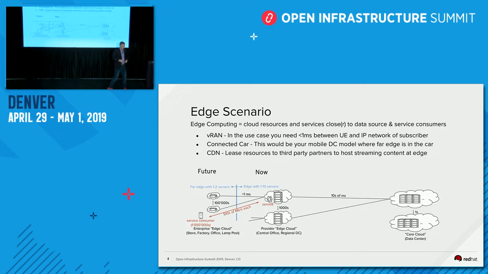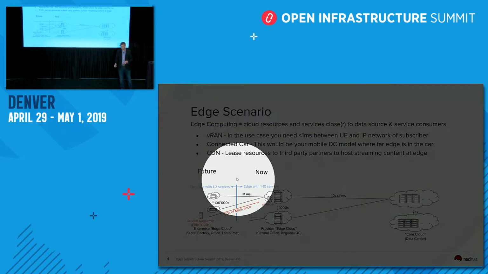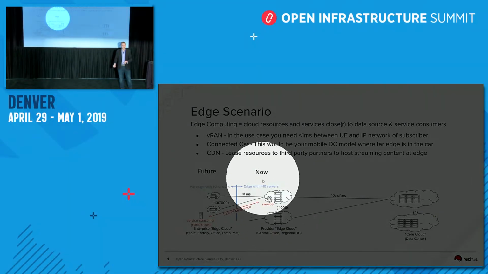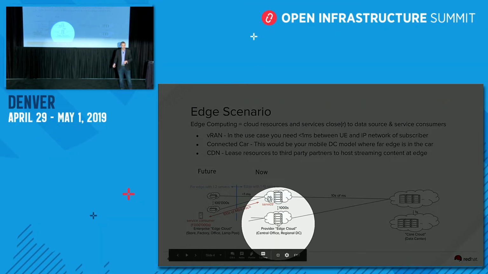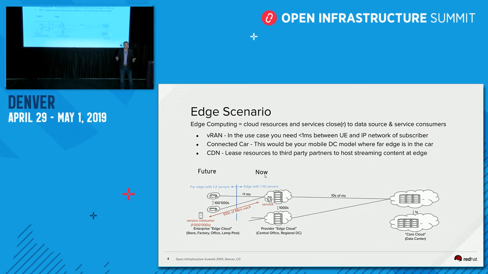The other thing I see is, and this is again going back to the vRAN use case. If you deploy vRAN and you're in a city, let's say your first deployment, you've got 20 towers across the city, and you've got this edge use case, which you're seeing now. I think, so if we're looking here in this stack, right? So in the now, you may have 10 edge data centers across the city.